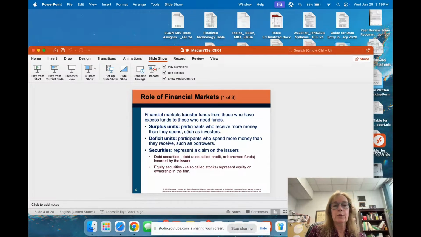When you think about the financial markets, you basically have 2 types of people: savers and borrowers. In this book, they're talking about the savers as the surplus units and the borrowers as the deficit units. The whole point of financial markets is to bring the surplus and the deficit units together and facilitate transactions.